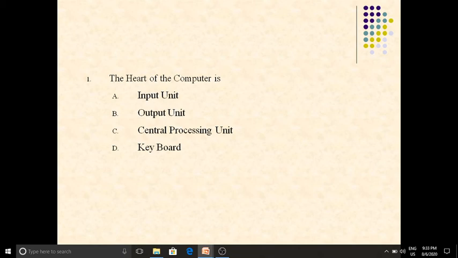Okay students, can anybody tell me what the heart of the computer is here? The heart of the computer is nothing but the central processing unit. Without the CPU, the computer system does not exist. So everything is run with the CPU.